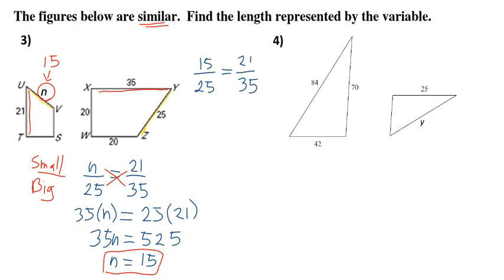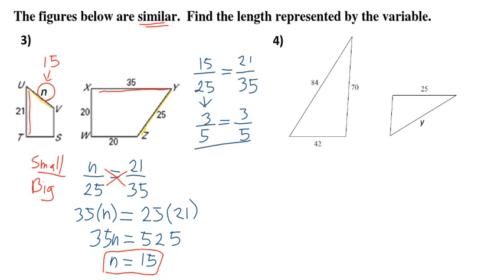If we simplify 15 over 25, that will be equal to 3 over 5, because both numbers are divisible by 5. And in this case, both numbers are divisible by 7, so we can take the 7th part of each one, and that would leave 3 over 5 as well. So both ratios are equal, and that is good because that is how it should be for all pairs of corresponding sides. The ratios should be equal.